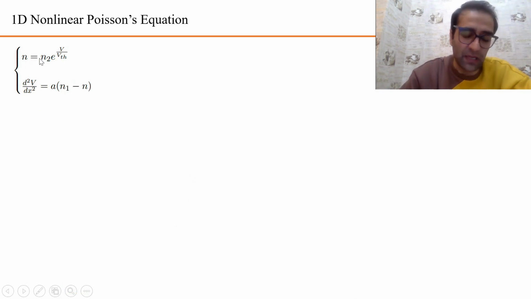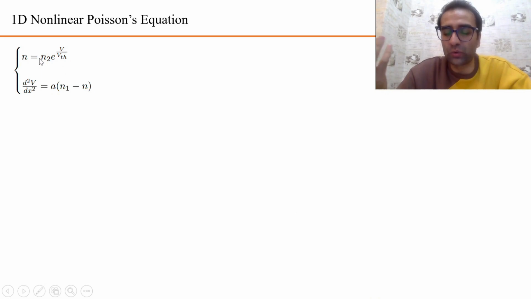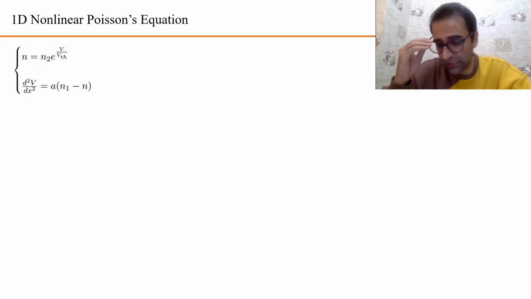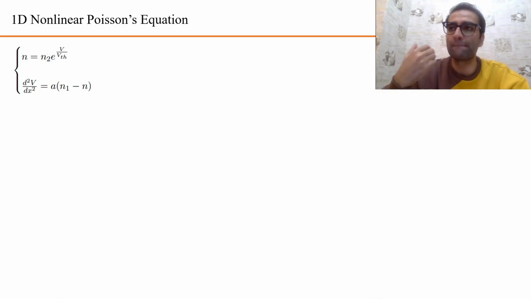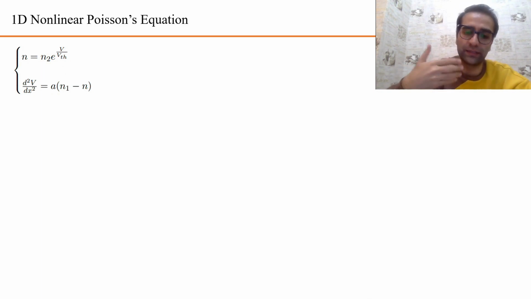We have this n. We used some v old in our code, and we say that we are trying to make this v old closer and closer to the final solution. And it means that finally, if we have convergence, the difference of v old and v should be small.